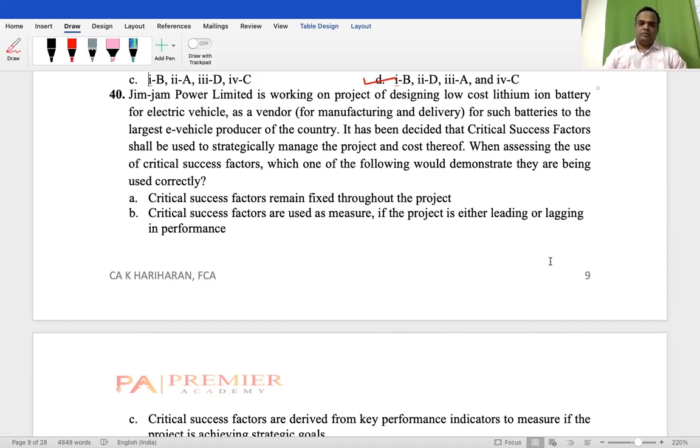When assessing the use of critical success factors, which one of the following would demonstrate they are being used correctly? Option A, critical success factors remain fixed throughout the project. Option B, critical success factors are used as measures if the project is either leading or lagging in performance.